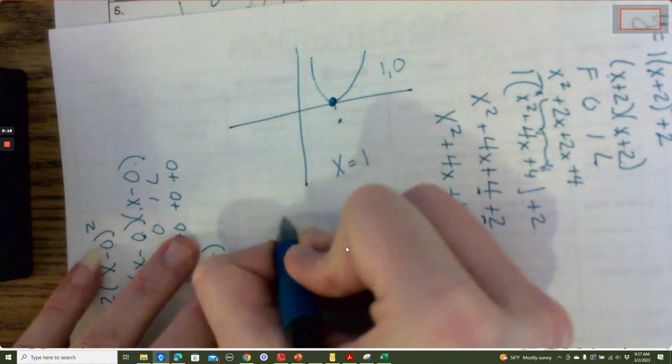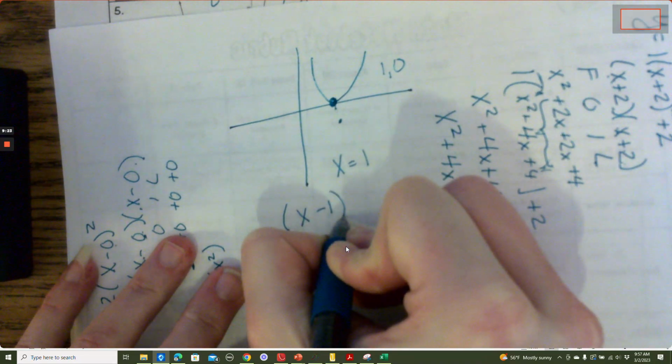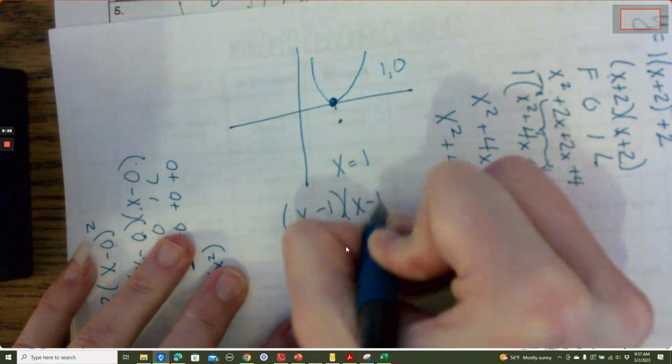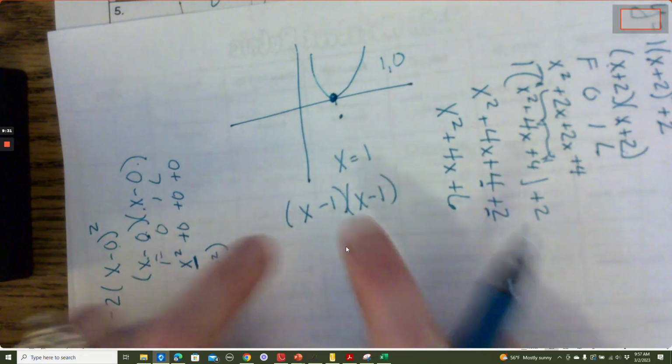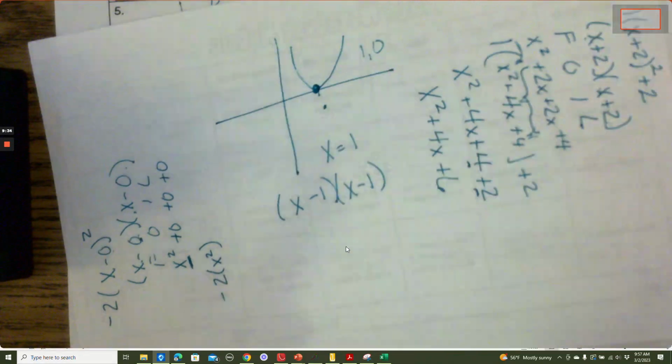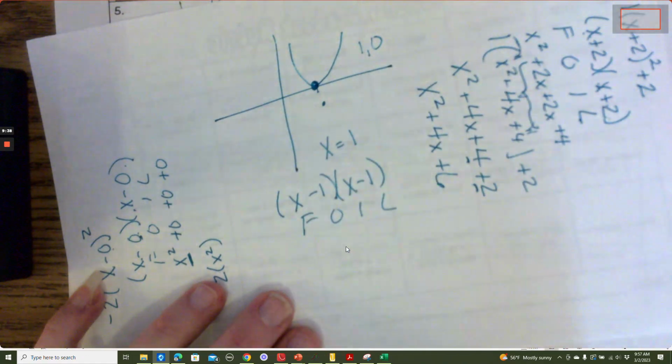But that means my factors are x minus 1 and x minus 1. It's the same factor twice. So if I know the roots or the solutions or the x-intercepts, I can write the factors and then do what we did yesterday. I can just FOIL it.